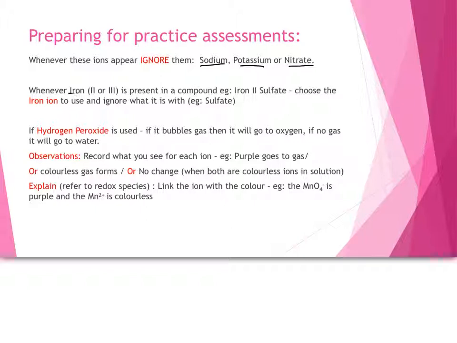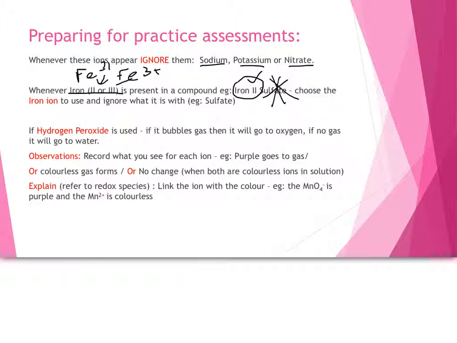Whenever iron, whether it's iron 2 plus or iron 3 plus, is present, so 2 plus is this one, and Fe 3 plus is the one where you've got a Roman number 3, whenever they're present in a compound, it's the ion that you want to pick, and whatever it's combined with, like the sulfate, you want to ignore. We don't want to see sulfate in that reaction, we just want to worry about the ion.